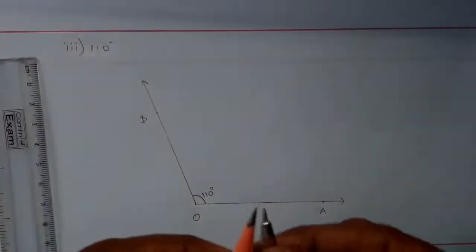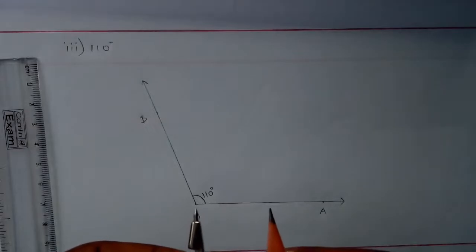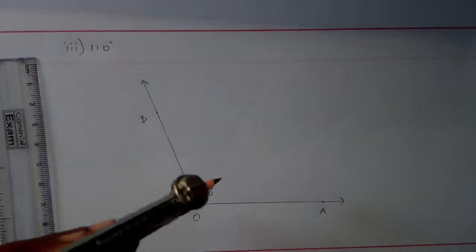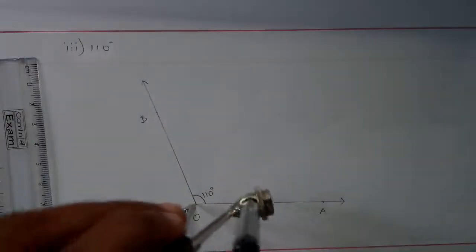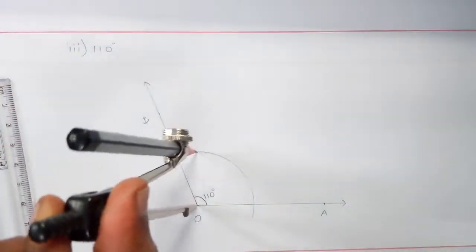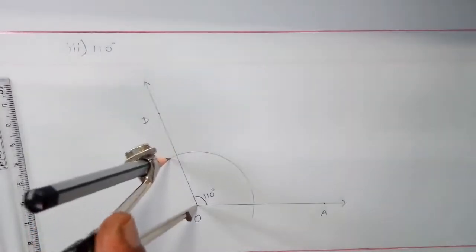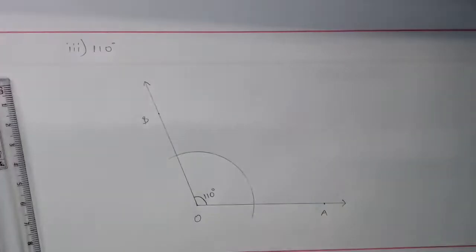Recall the steps. You have to take any radius, not more than OA, okay? Then keep the sharp point on O. We will draw an arc. We have drawn an arc.